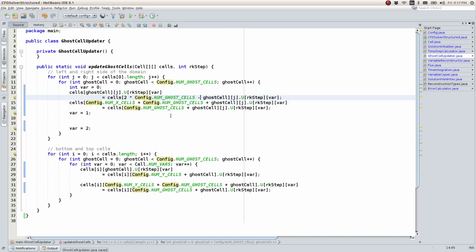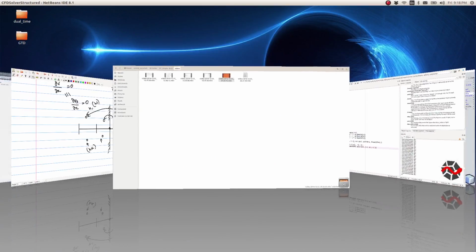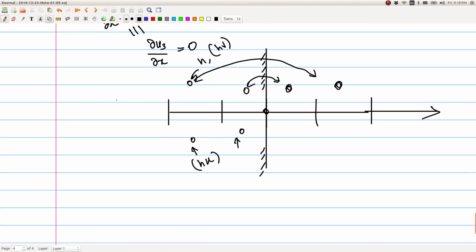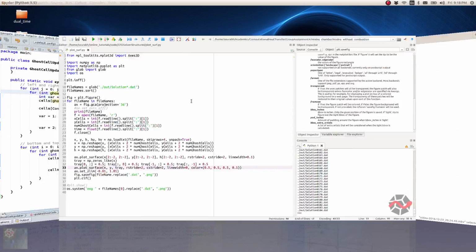So the first internal cell, when ghost cell is equal to 0, I'm going to go to the okay, let me just rethink this. So when the ghost cell, one sec, let me look at it.